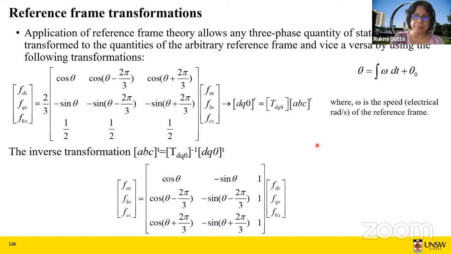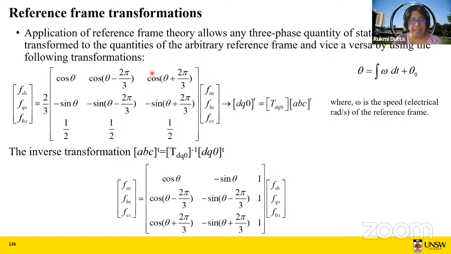Later, another scientist showed that if theta is not zero, but relates to a certain speed, then that transformation can still be used, okay? And that concept was later combined into one single reference frame theory.